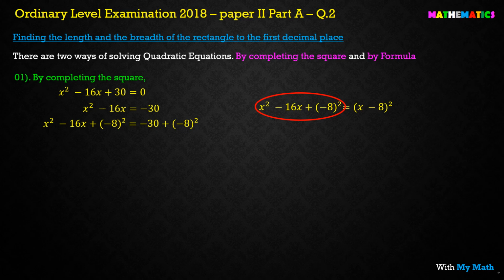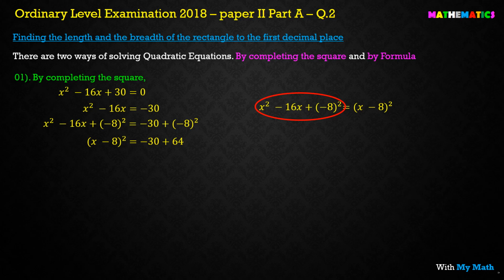Then we can reach that bracket: x minus 8 full bracket squared, that means the perfect square of x minus 8. Then we can write it on the left side, and on the right side you can see minus 30 plus 64.